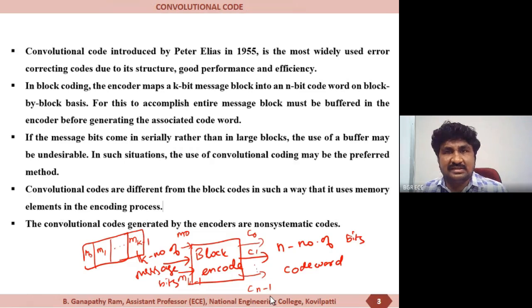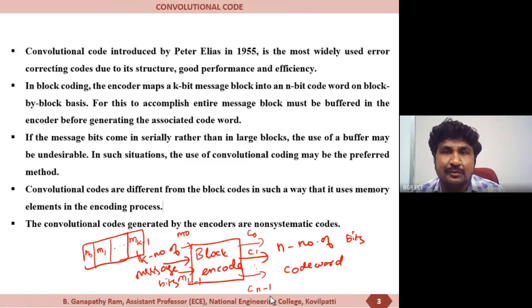To accomplish this kind of encoding process, we need a large buffer to store the entire message block before encoding, and then to deliver all the code word bits, all the bits should be stored in a buffer. So the buffer requirement should be large in the case of block coding.